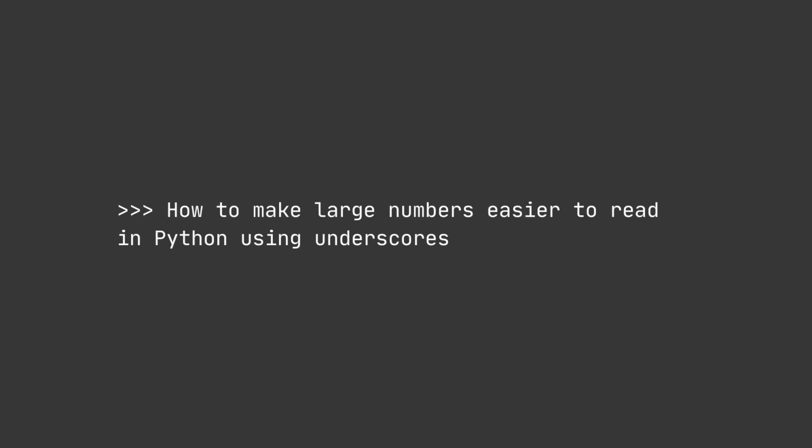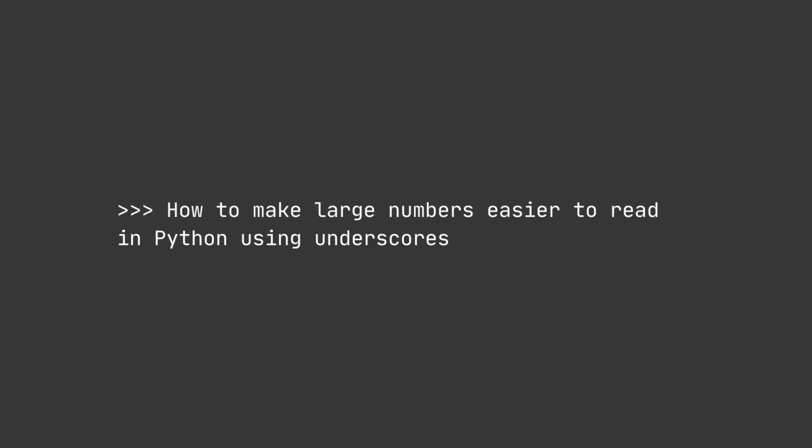Part 1 in this lesson 6 looks at underscores in numbers. This is a small but useful feature in Python. Sometimes you need to write very large numbers in your code. The problem is that long numbers can become hard to read quickly. Python allows you to use underscores inside numbers to make them easier for humans to read.